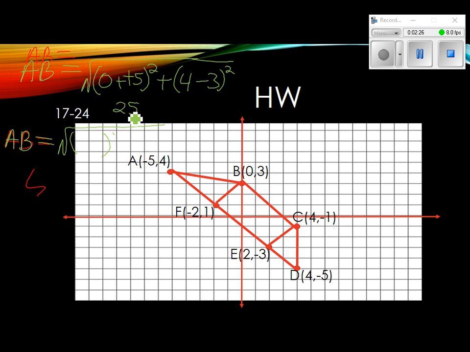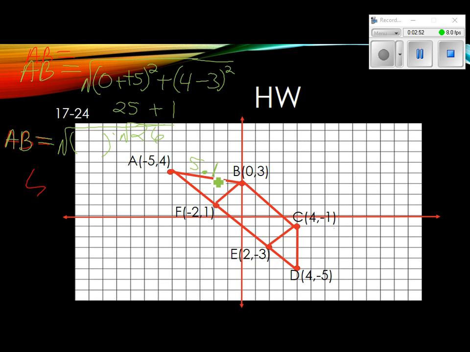Have your calculators out so you can help me. 1 squared is 1. 25 plus 1 is 26. What's the square root of 26? 5.09, so 5.1. Can you see that right there? So that's the length of segment AB.